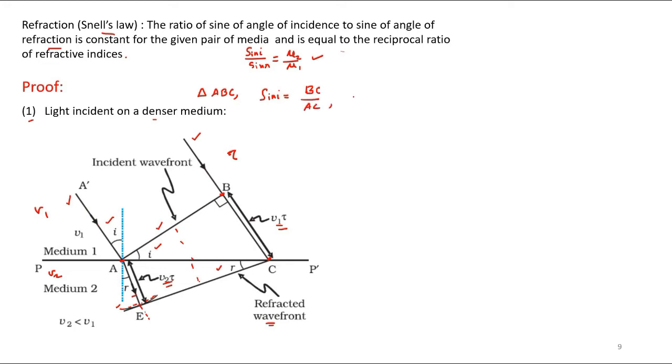Also in triangle AEC, you get sin R is opposite by hypotenuse, AE by AC. Therefore sin I by sin R is equal to BC by AC into AC by AE.